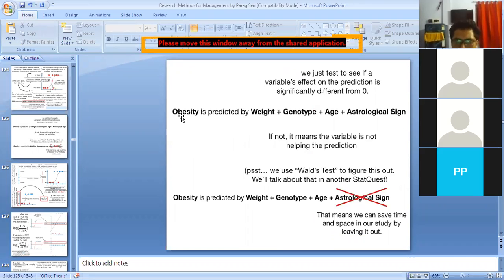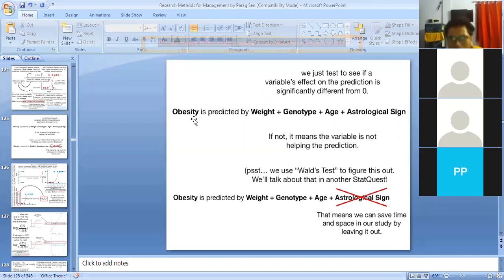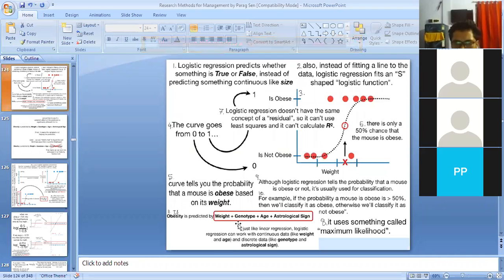Suppose the obesity is the variable y, and it is predicted by weight, genotype, age, and astrological sign. These four variables are independent variables, and obesity is your y variable, the dependent variable. Just like linear regression, logistic regression can work with continuous data and discrete data.